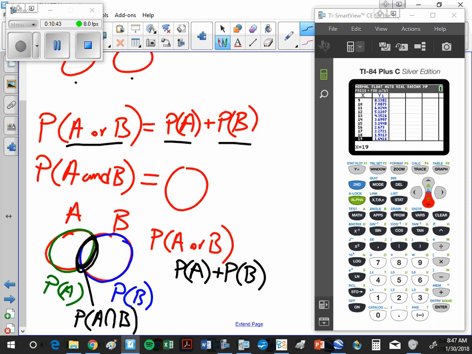How much too big is it? One copy of the intersection. When I calculate A, that includes the middle piece. When I calculate B, that also includes the middle piece. So the middle piece got counted twice. So all we have to do is subtract the probability of A intersect B. Does that make sense? Okay, we'll do some problems that'll help you understand that.